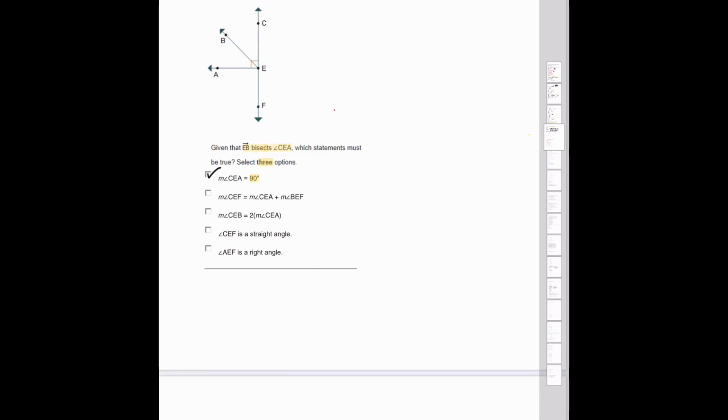This is stating that measure CEF is equal to CEA plus BEF. Well, here's CEF. The angle measure of CEF is this entire angle. We know that straight lines are equal to 180 degrees. Therefore, what we're trying to identify is if from these two angles, we can get 180 degrees.